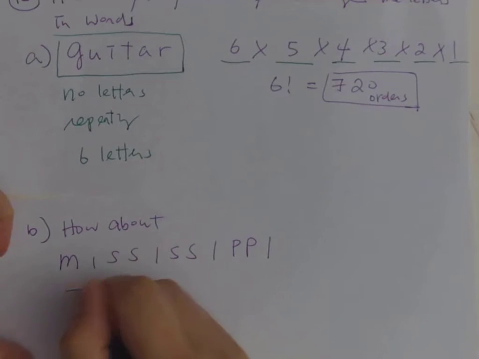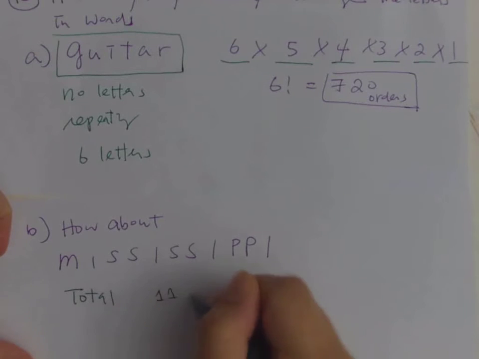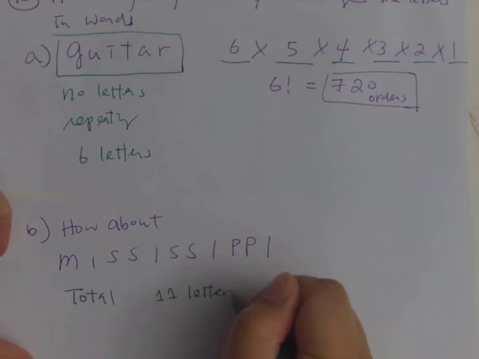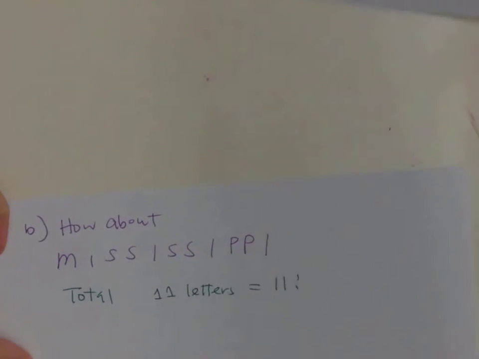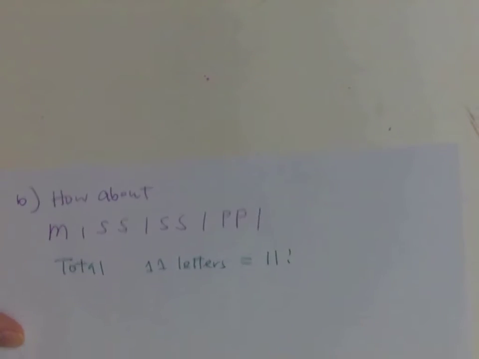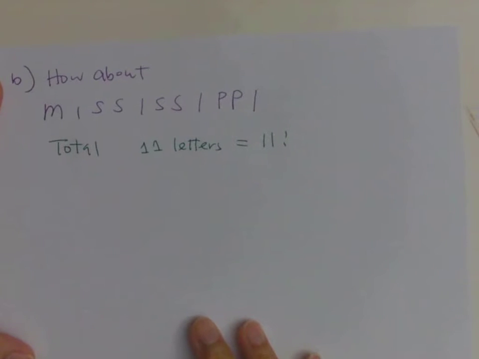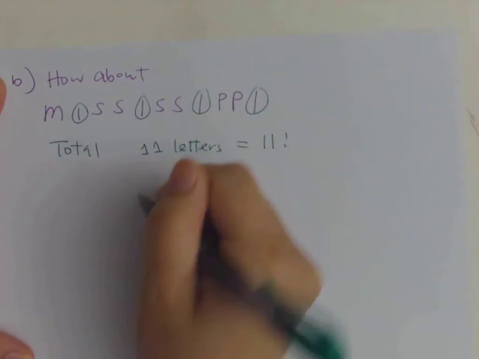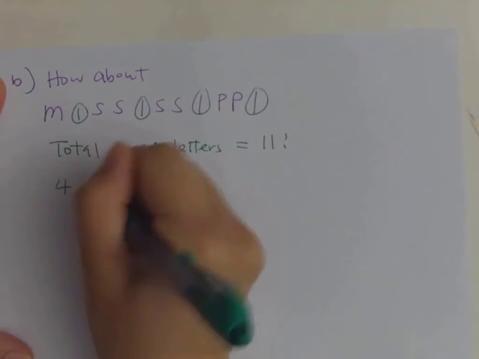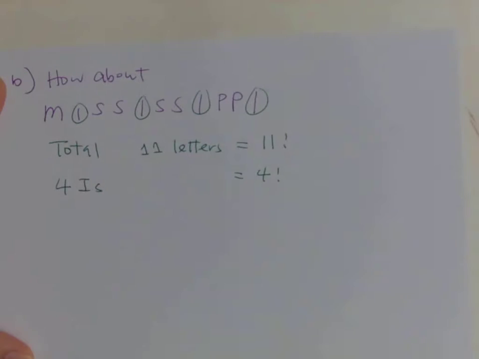So we have 11 letters totally. Okay, so that would be 11 factorial, right? So 11, 10, 9, 8, etc. That many different orders. But some of them are repeating, right? We have 1, 2, 3, 4 I's. So that would be 4 factorial.